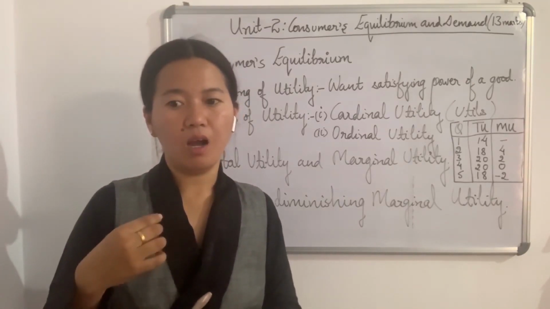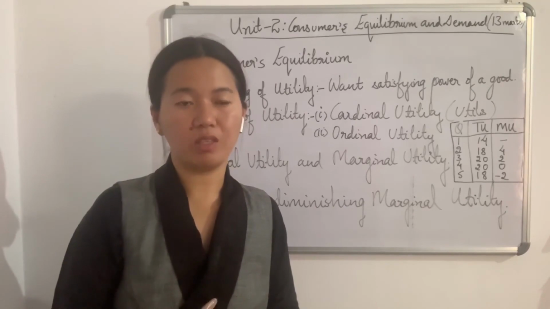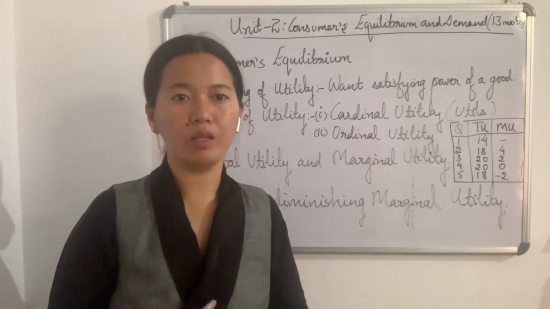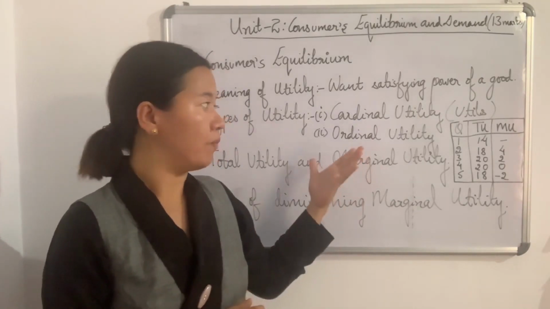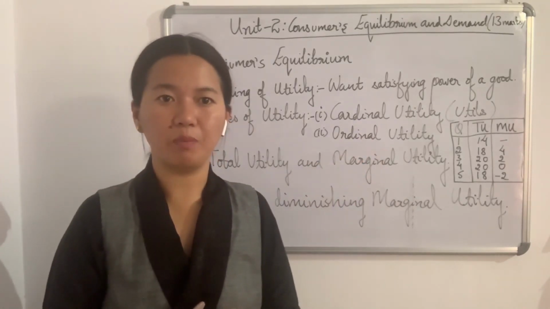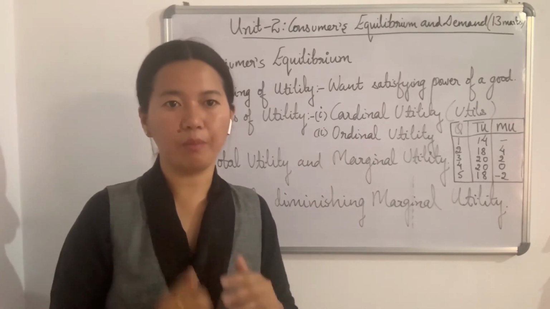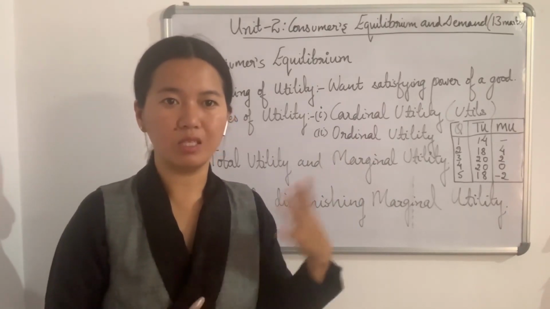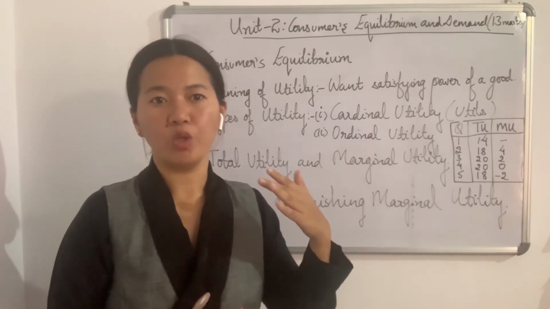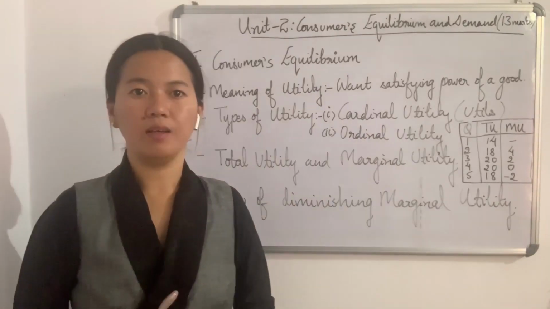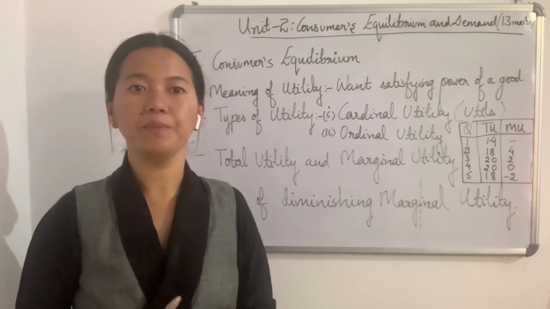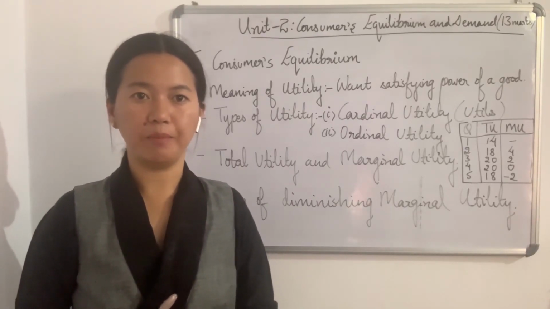Like momo gives you more satisfaction than chowmein. In the same way, Hicks says that ordinal utility is measured in terms of ranking or comparison, whereas cardinal utility says that utility can be measured in terms of quantity, units, or utils.